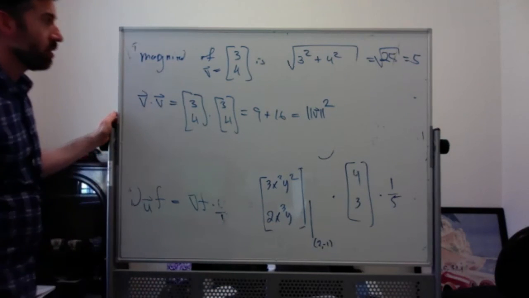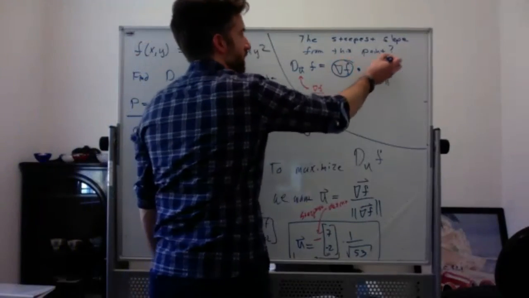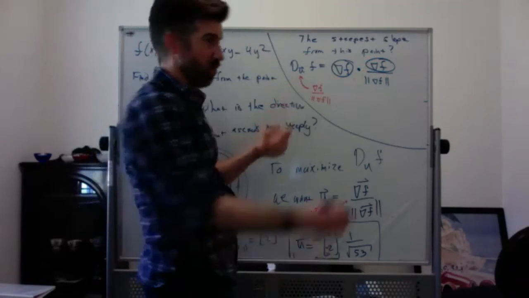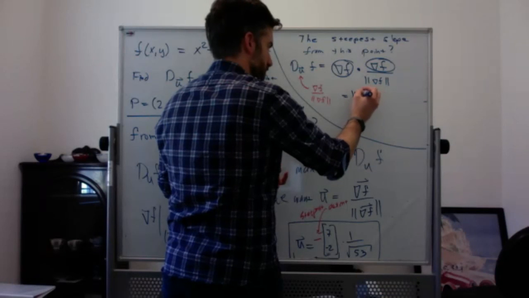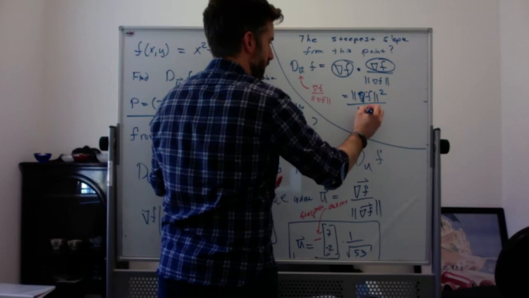Cool. So when I'm dotting this vector with itself, I'm just getting the magnitude squared. So I'm getting the magnitude of the gradient squared divided by the magnitude of the gradient.